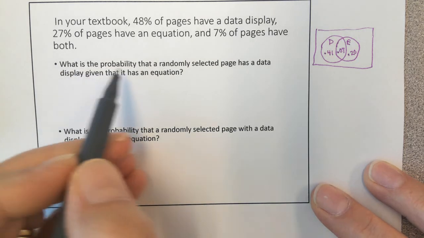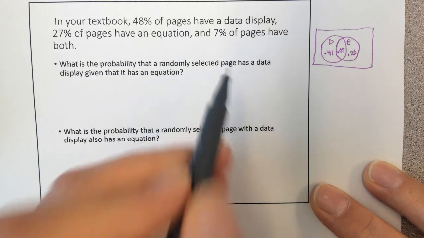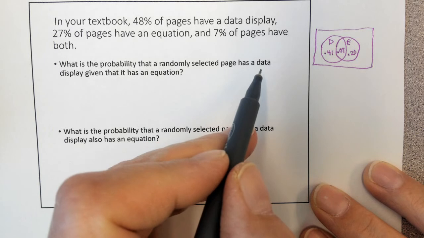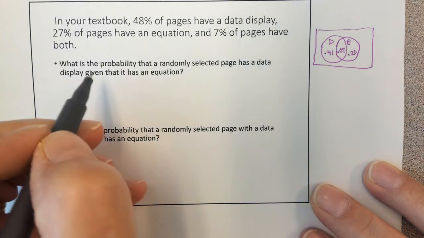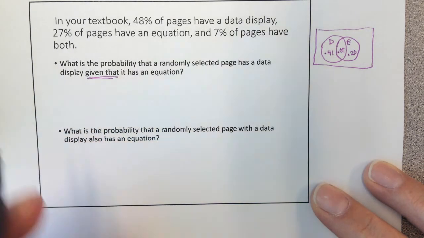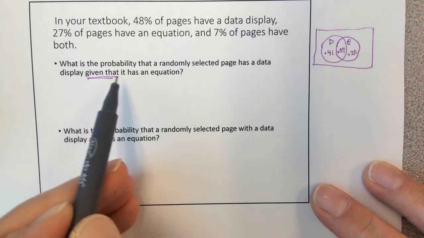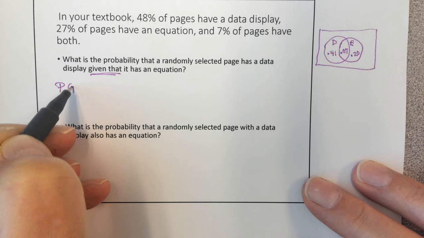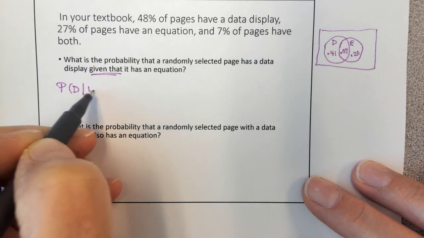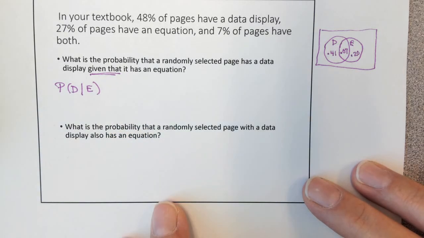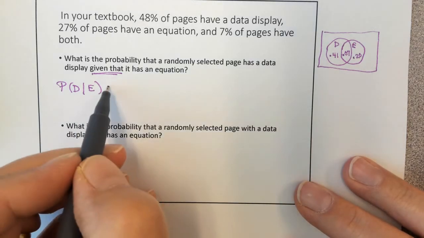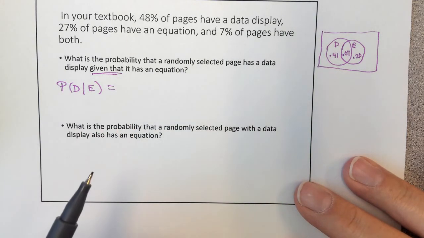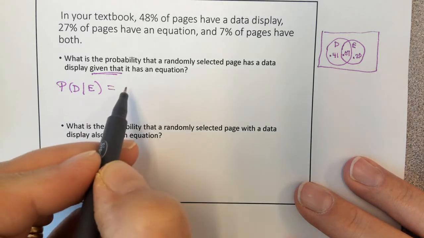What is the probability that a randomly selected page, so we're going to pick a page, has a data display given that, okay, there's surefire proof that it's a conditional probability, given that it has an equation. So the probability of a data display given that it has an equation. I can't do counts because I don't know the counts. I have to do percentages, which means I need a formula.